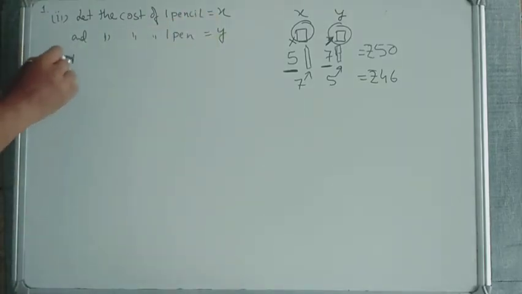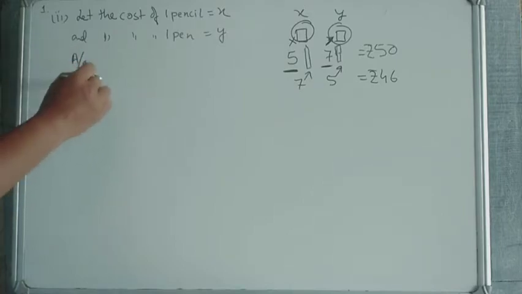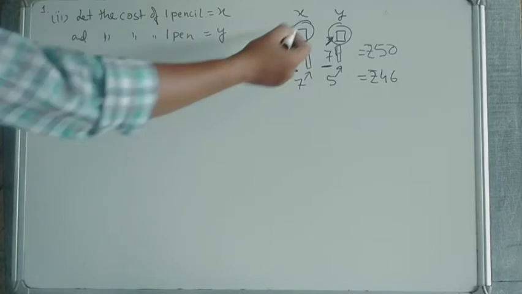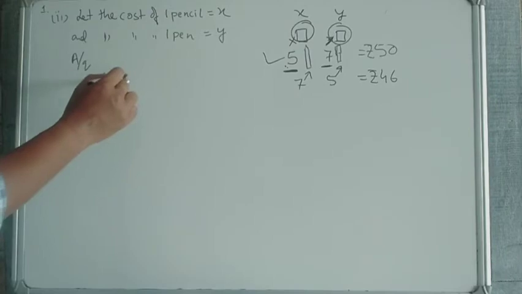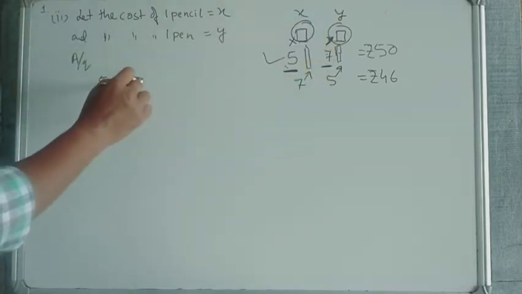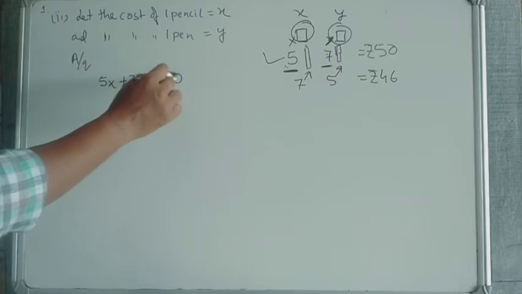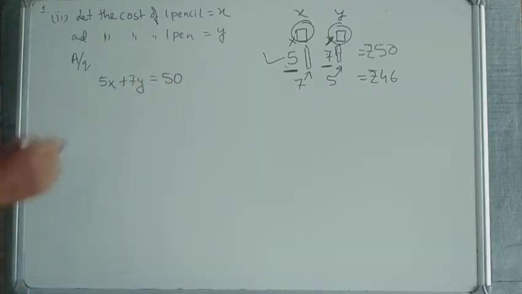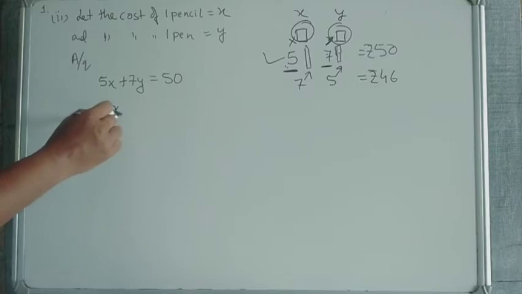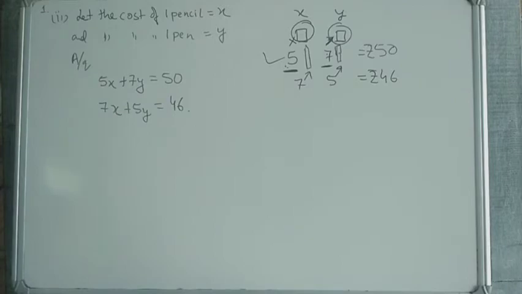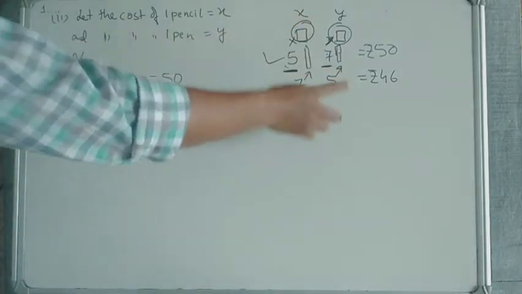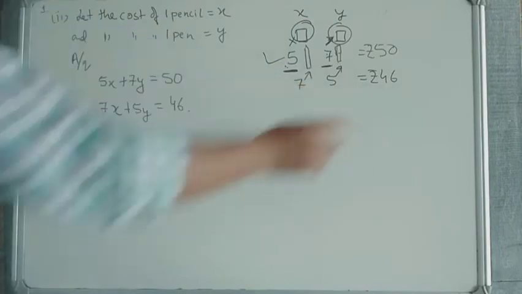Then according to the question, 5x plus 7y is equal to 50. This is your first equation. And the second equation, 7x plus 5y is equal to 46. So this is 7 times the cost of the pencil and 5 times the cost of the pen, equal to 46 rupees.